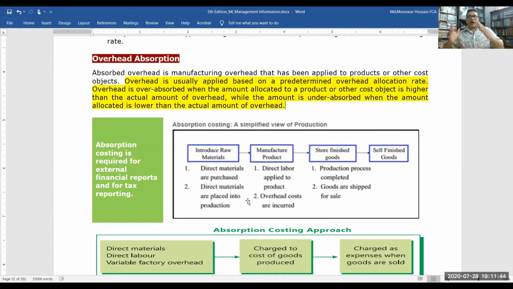Overhead is over-absorbed when the amount allocated to the product or other cost object is higher than the actual amount of overhead, while it is under-absorbed when the amount allocated is lower than the actual amount of overhead. So we have to understand that absorption costing is required for external financial reporting and for tax reporting.